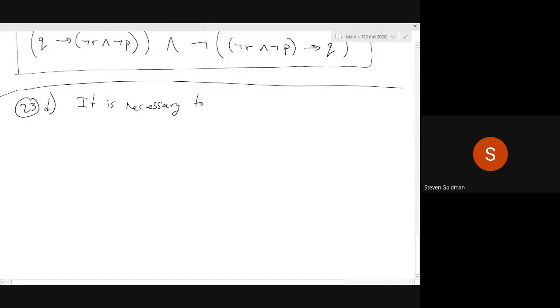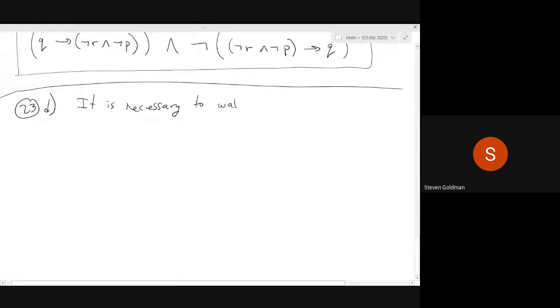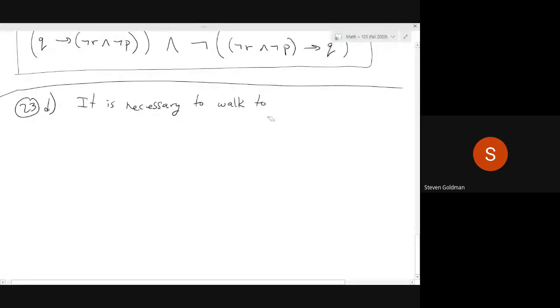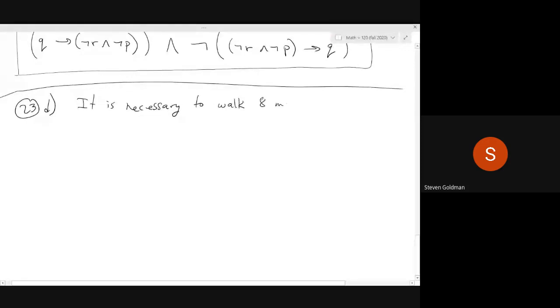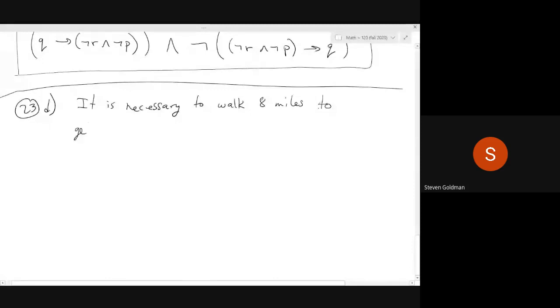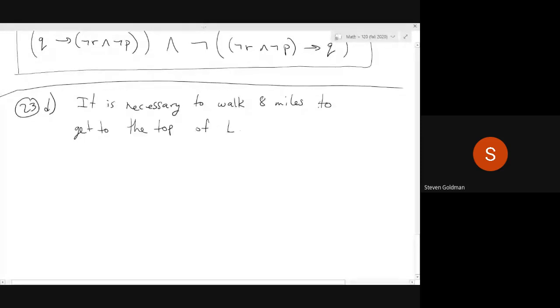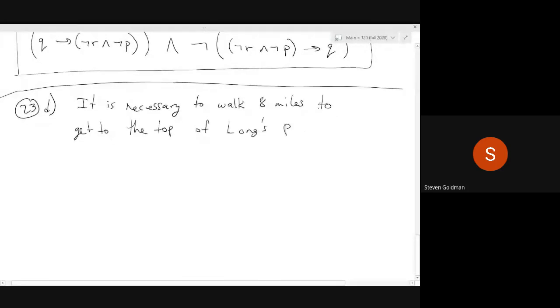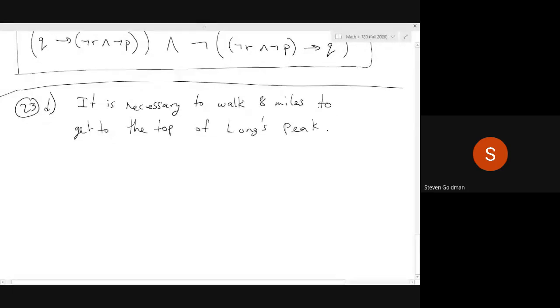So we want to write this in the if-then form. We have to figure out which sentence is the hypothesis and which is the conclusion.